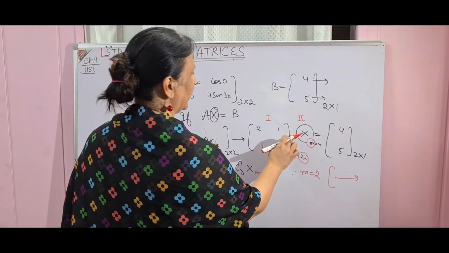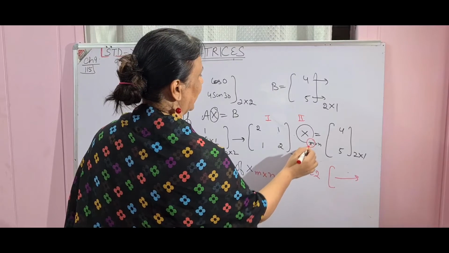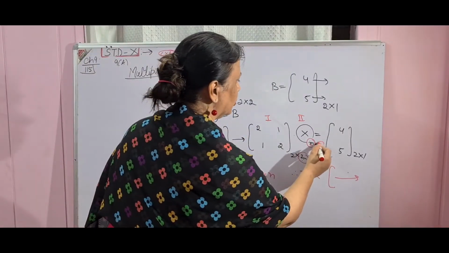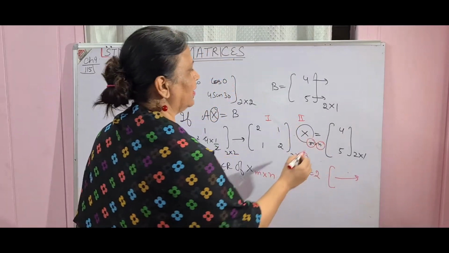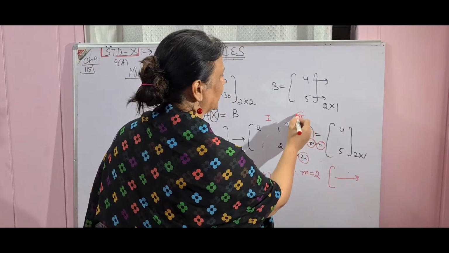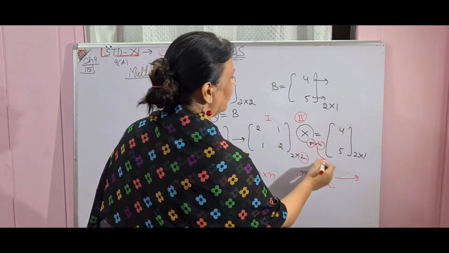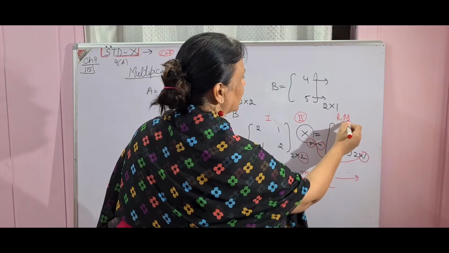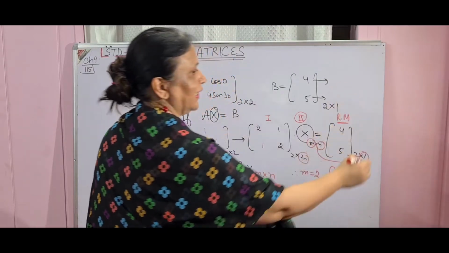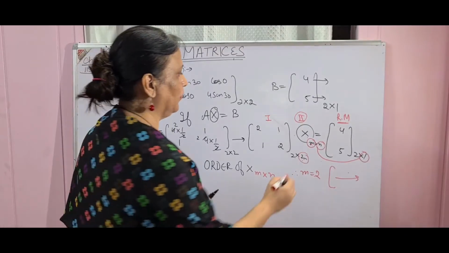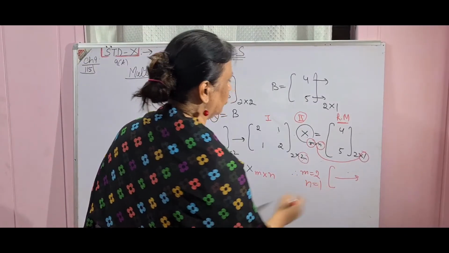This is already given to you, so you can easily find n. How will you find it? Remember that the columns of the unknown matrix, X, which you can also call the second matrix, are always equal to the columns of the resulting matrix. The resulting matrix means the matrix given on the right hand side. So n is equal to 1.